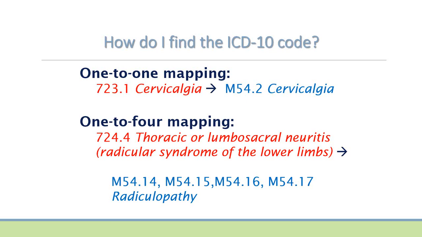Some have a 1-to-4 mapping. So we're going to have one ICD-9, but it could go into 4 different levels. So like right here, thoracic or lumbosacral neuritis. Now we're looking at possibly 4 different radiculopathies. So you got to go look at each one of these codes and make sure you have the highest level of specificity.